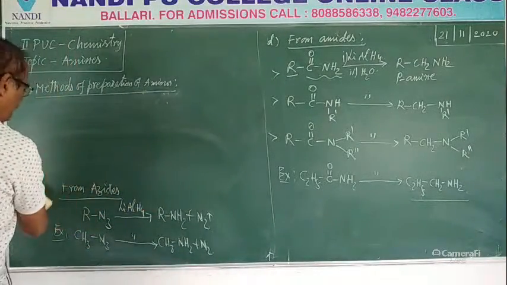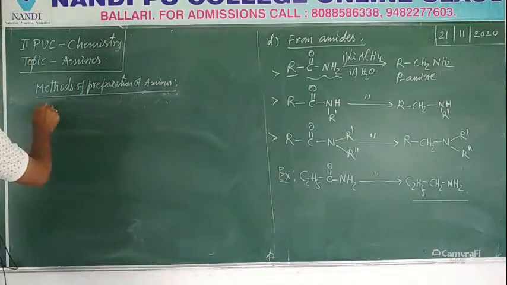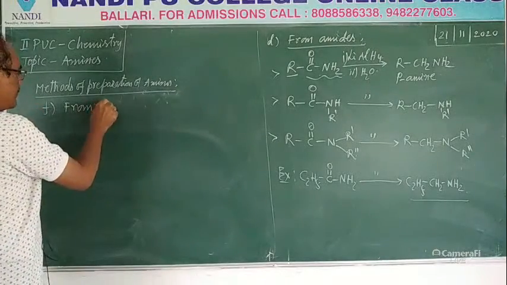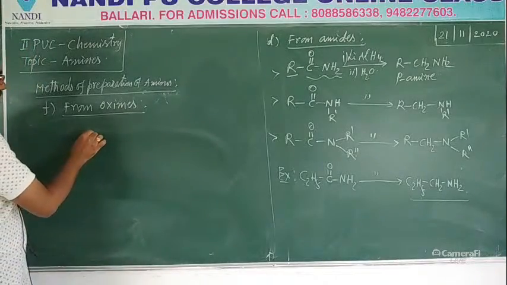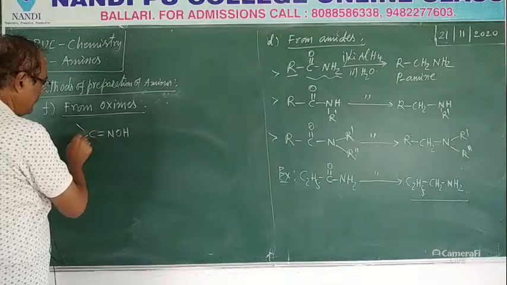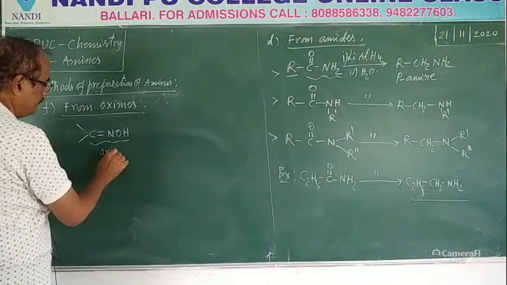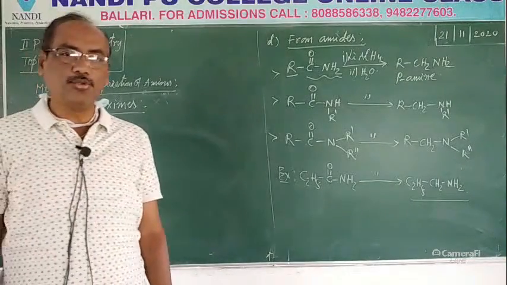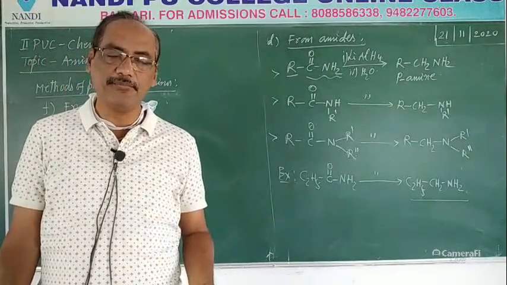Next, one from oximes. You know that the oxime structure is C double bond NOH. This is oxime. Here, children, you remember that we have two types of oximes. Oximes produced from aldehyde are known as aldoximes.